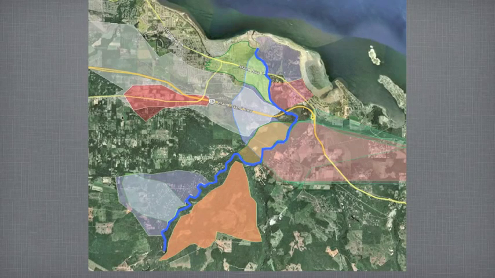So here we are. This map illustrates the updated footprints of the sand and gravel aquifers connected to the Englishman River. In particular, we have identified and mapped aquifers that had not been identified in the past. Along the right bank of the river, between kilometer 16 and 10, we have a shallow sand and gravel aquifer.